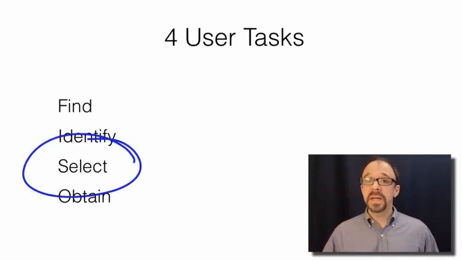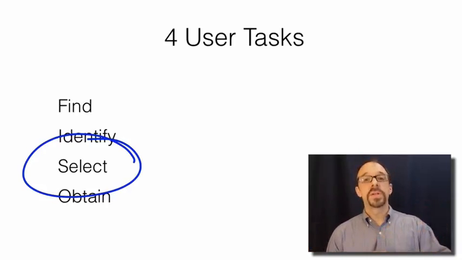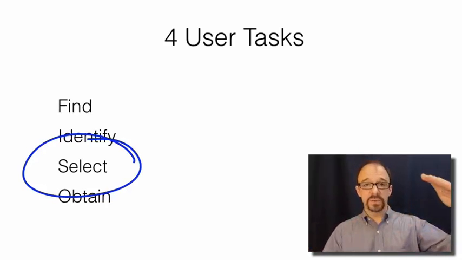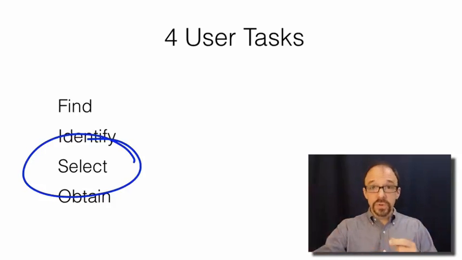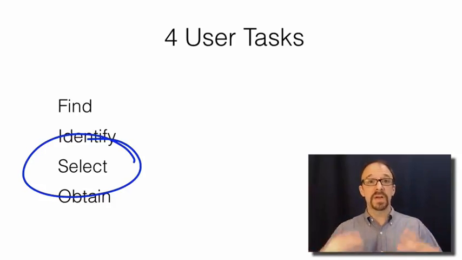And so finally, we come to selecting a resource. The idea is, when you do a search using any kind of a discovery tool, you're going to retrieve a set of resources, or at least links to those resources. Think of the kind of results you get back when you use a search engine.